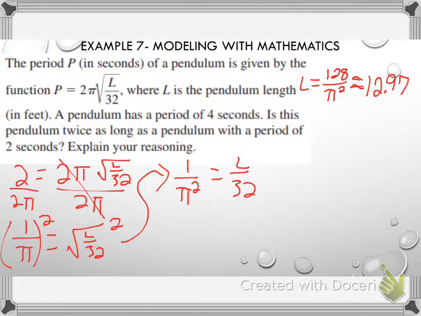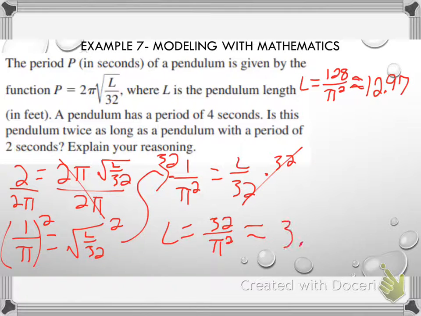And how would I get L by itself now? Multiply by 32 on both sides. So what's 32 times 1? So I get 32 over pi squared, which is approximately 3.24 feet.